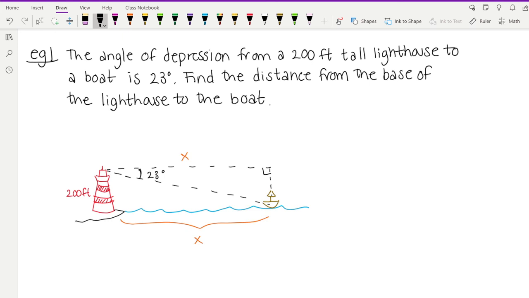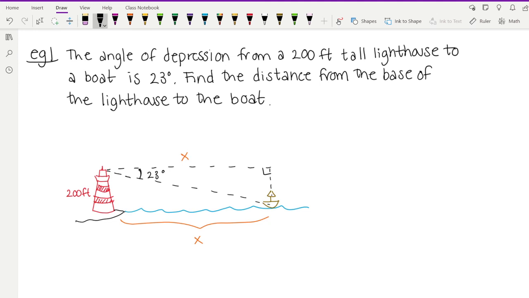So see how we have two right triangles that are nested together to create a rectangle. But if you wanted to use this triangle down here, you would have to subtract 23 from 90 to figure out what this angle is. Not that it's a whole bunch more work, but it just feels a little more natural to use what's already given to us.